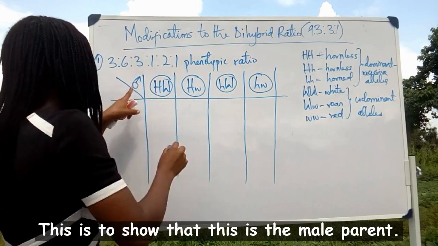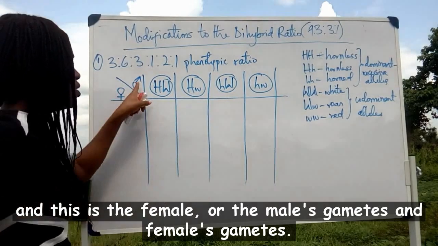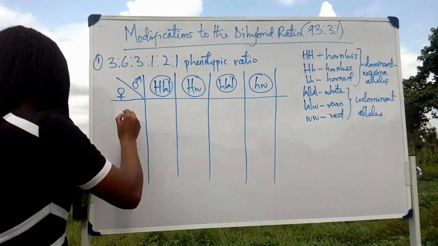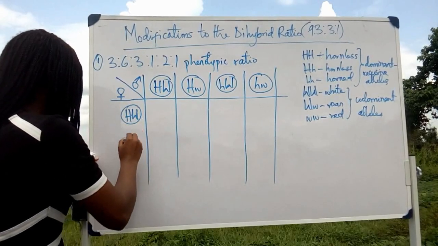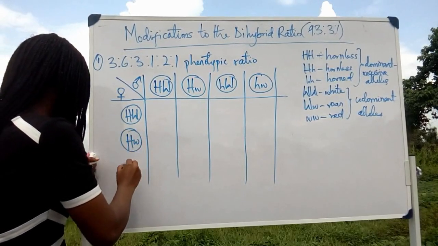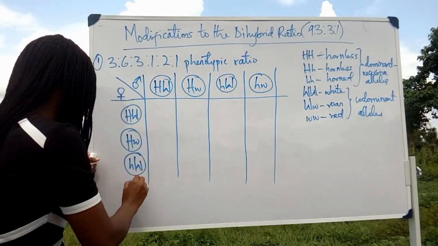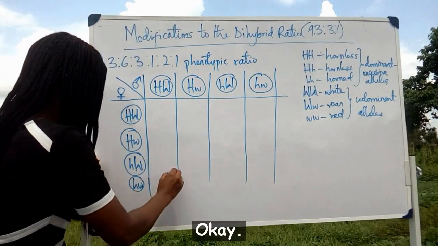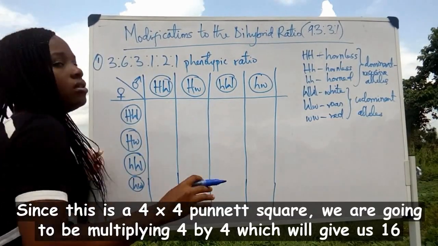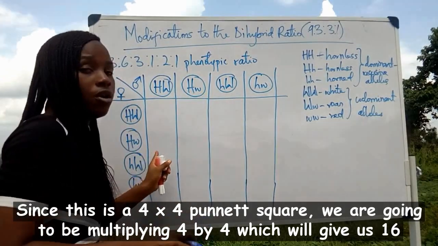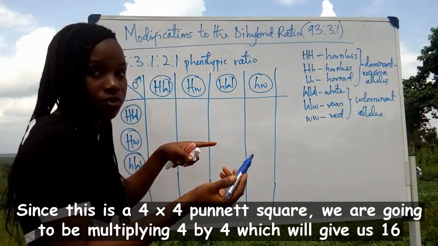This is to show that this is the male parent. This is the female, or the male gamete, the female gamete. So, since this is a 4x4 Punnett square, we're going to be multiplying 4 times 4, which will give us 16.